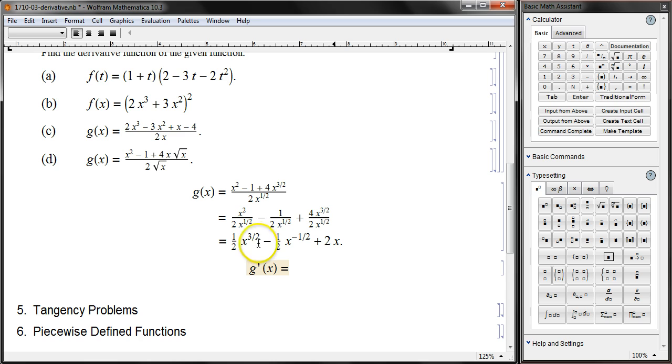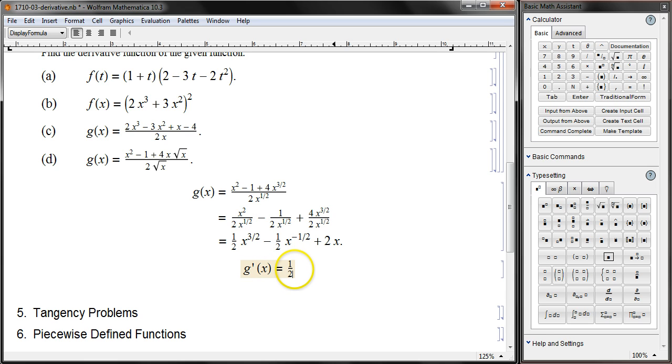Next, let's find out the derivative. How about this one? 1/2, which was there before, multiply by the power, and then subtract 1 from the power. That took care of the first line.